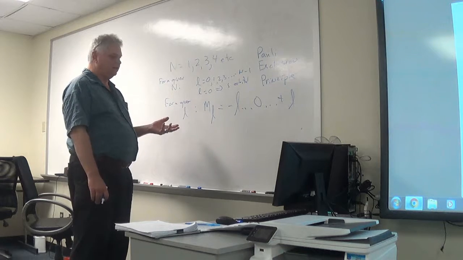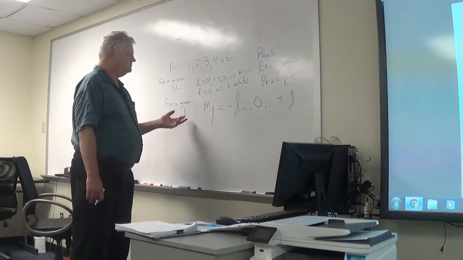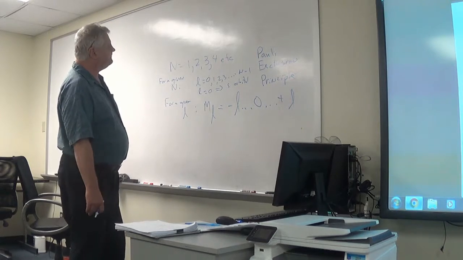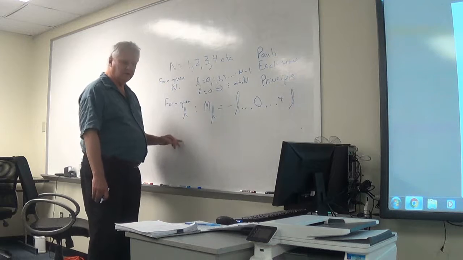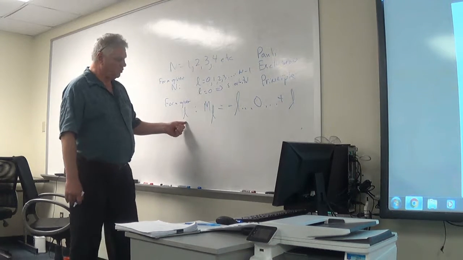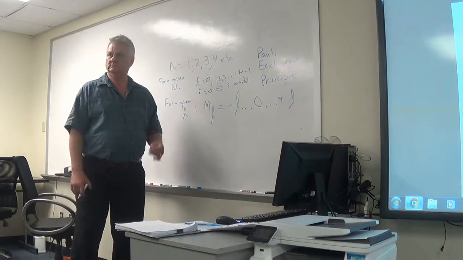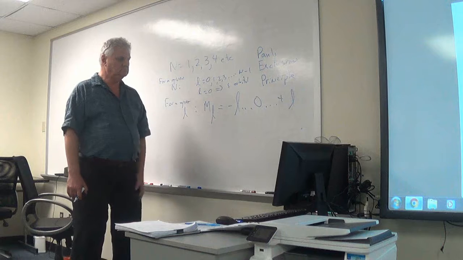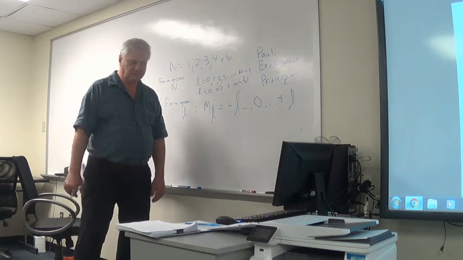So there's only one value of m sub L when L is equal to 0. When L is equal to 1, well, now you're going to have 3 values of m sub L. When L is equal to 1, what are the values of m sub L? Negative 1, 0, 1. It says negative 1, 0, 1.